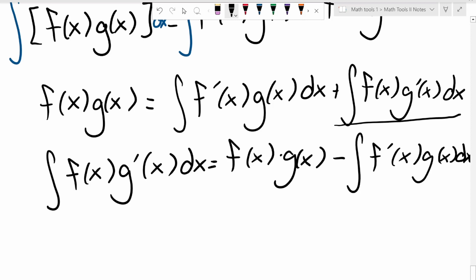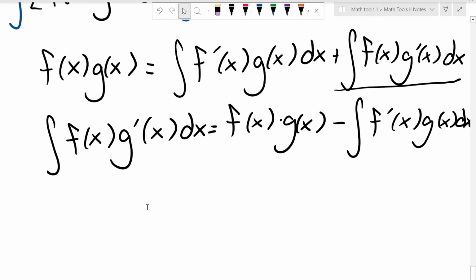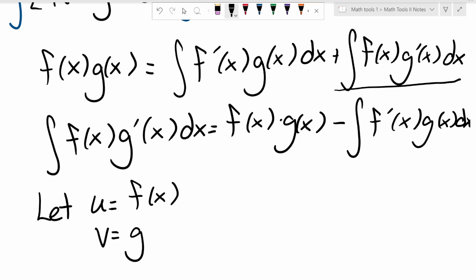Okay. So relating this to substitution makes it a little bit easier to see exactly how we would implement it. So if we let u be equal to f of x, okay, and v be equal to g of x.